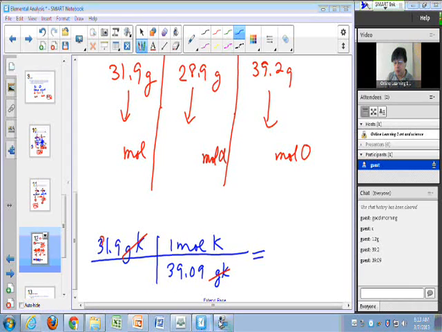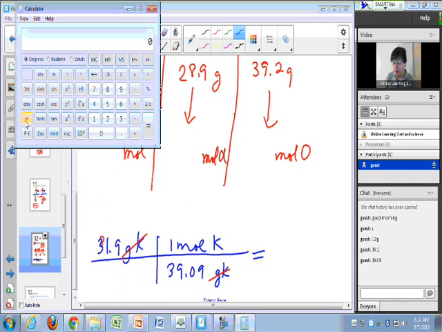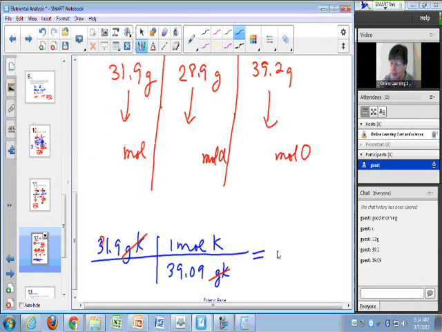Oh, lost my calculator. Okay. 31.9 divided by 39.09. So that's 0.816 moles of potassium.